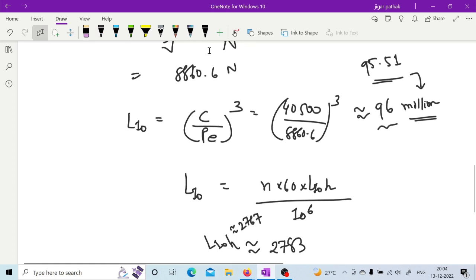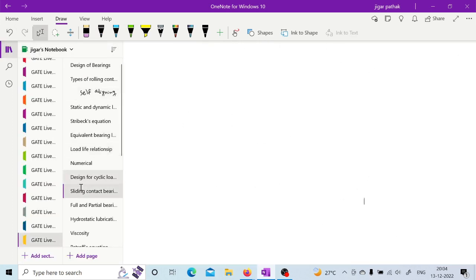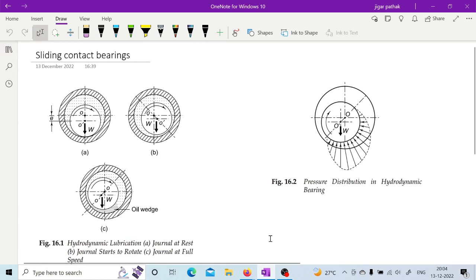Once you are done with this, we can go to the next one, that is the sliding contact bearing. In sliding contact bearing, we have hydrodynamic lubrication or hydrostatic lubrication. Generally we have this kind of lubrication in the sliding contact bearing.